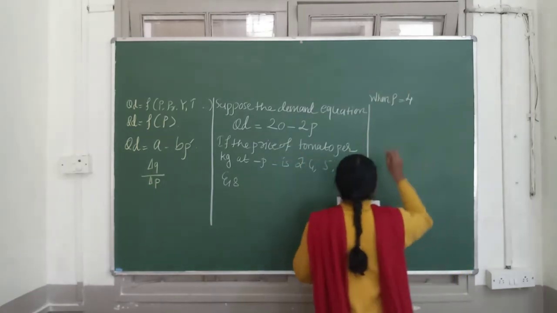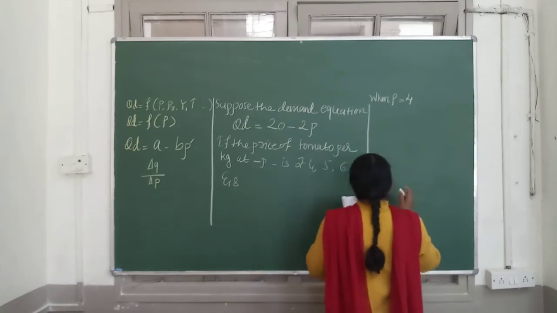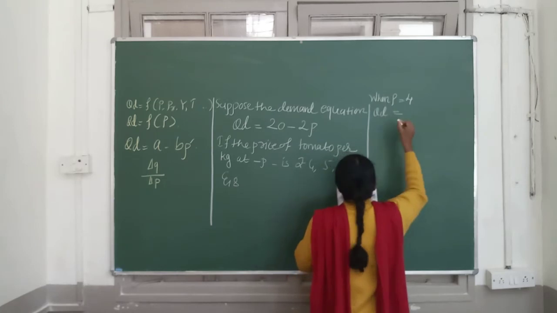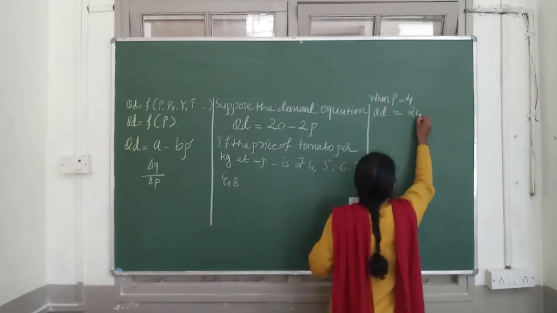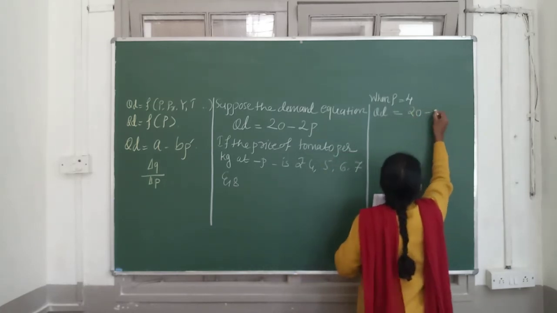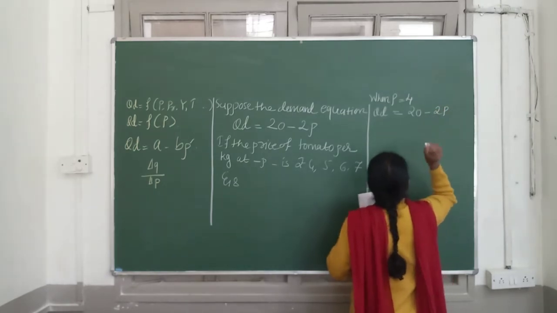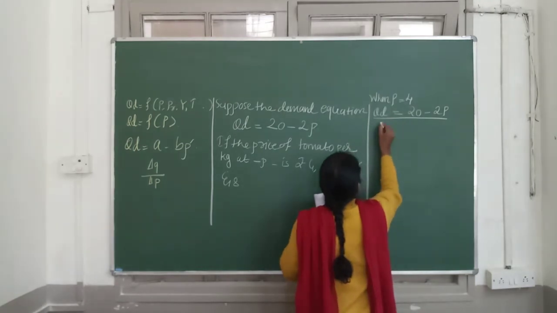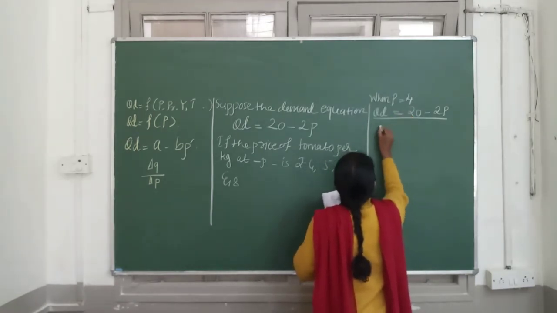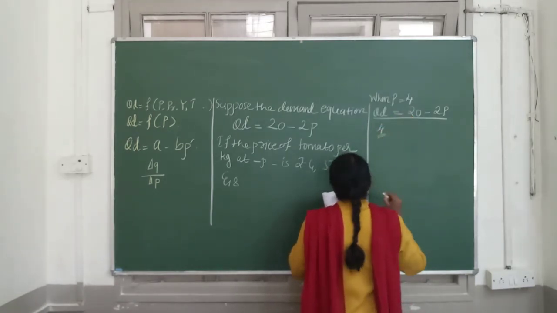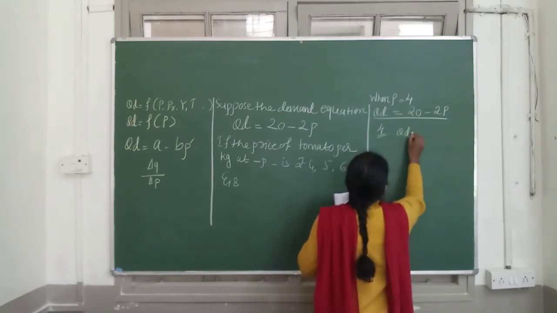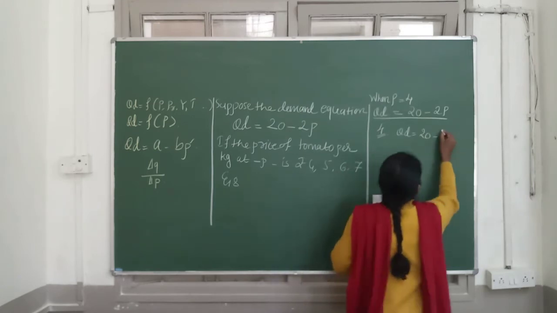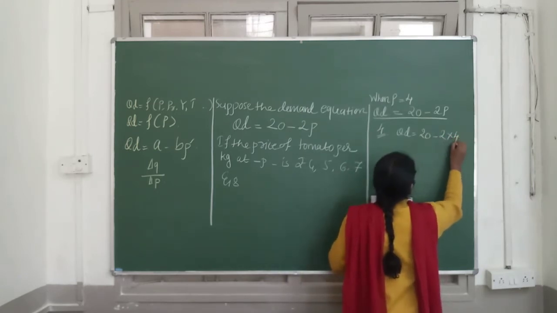See here, when price is equal to 4, quantity demanded is equal to, what is our linear function, 20 minus 2p. This is the basic formula. When price is equal to 4, QD is equal to 20 minus 2 into 4.